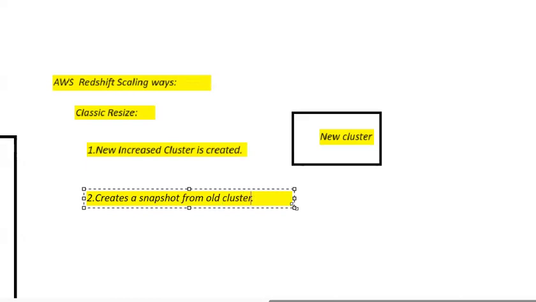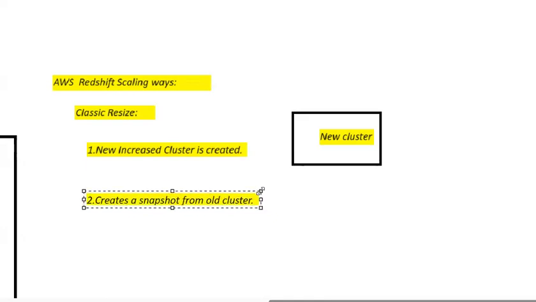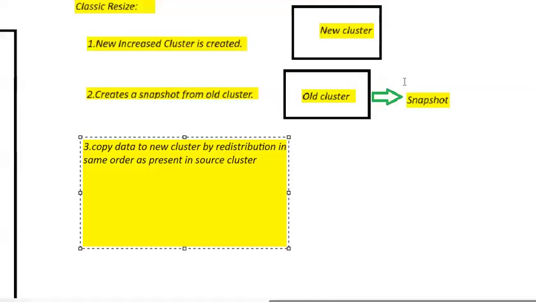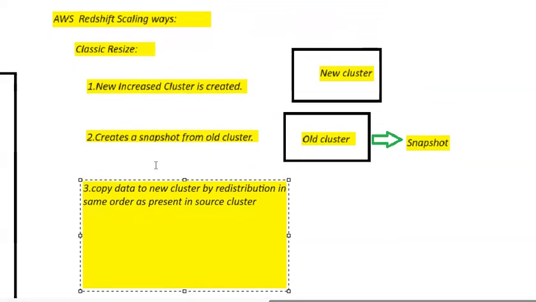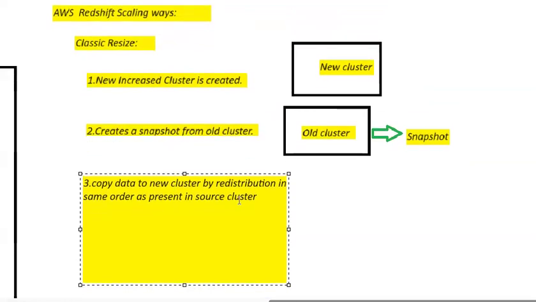Whatever you have in that cluster, it creates a snapshot. So under classic resize, we have already copied our data from the older cluster to the snapshot. Now we need to copy from here to the new cluster, right? Yes, that is the copy of data to the new cluster by redistribution.